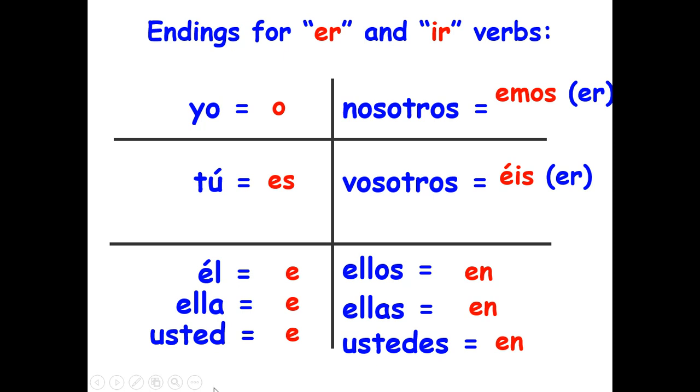Nosotros is one of the differences. For IR verbs, take off the IR and add imos. For vosotros, take off the IR and add ís. Again, you'll only need to know that if you go to España, so most of the time we'll just skip right over that. And for ellos, ellas, and ustedes, it's just like an ER verb, so you take off the IR and add en. So for IR verbs: o, es, e, imos, en.